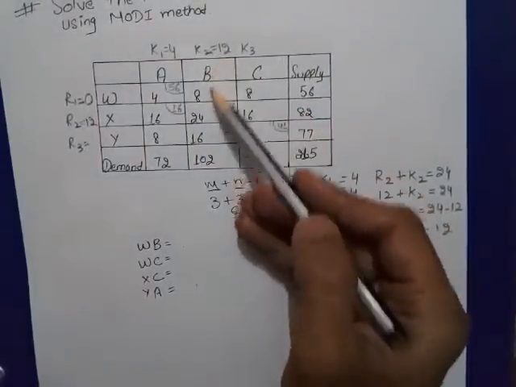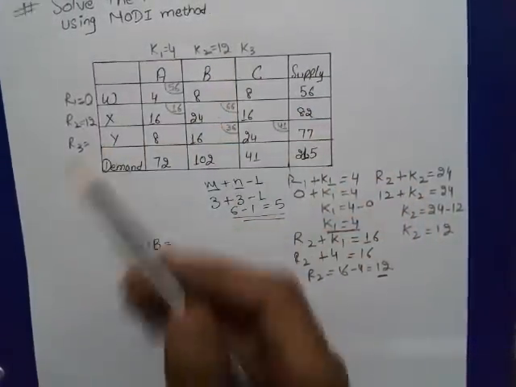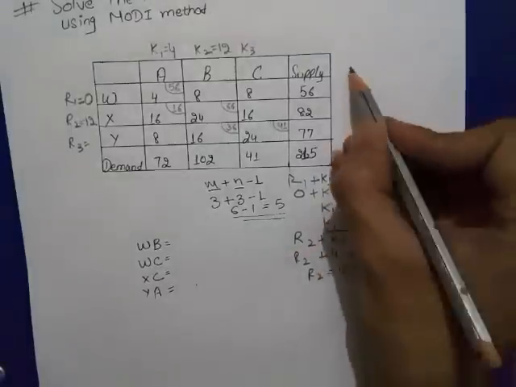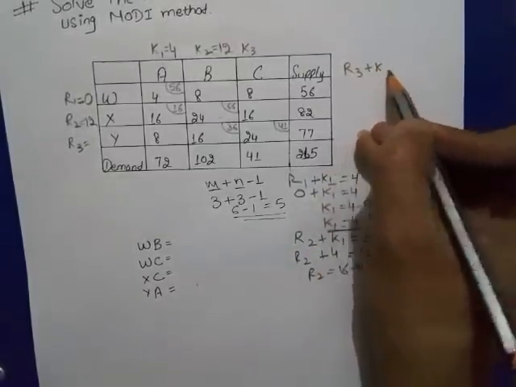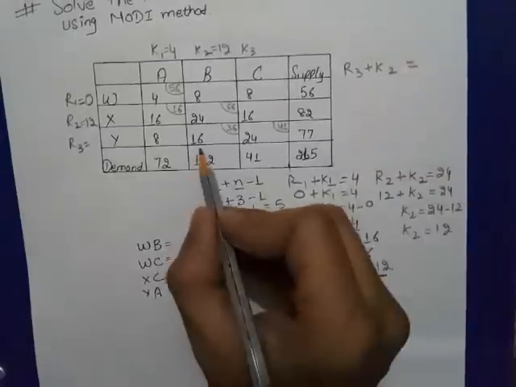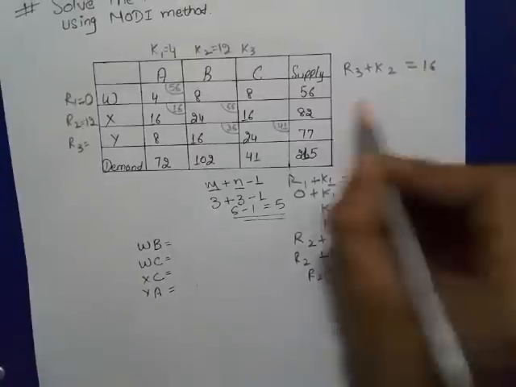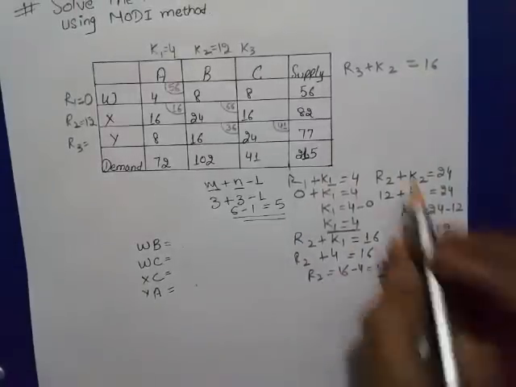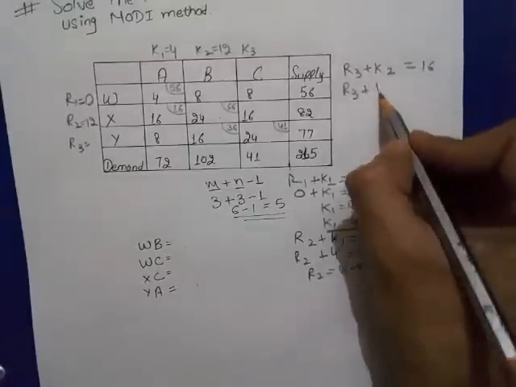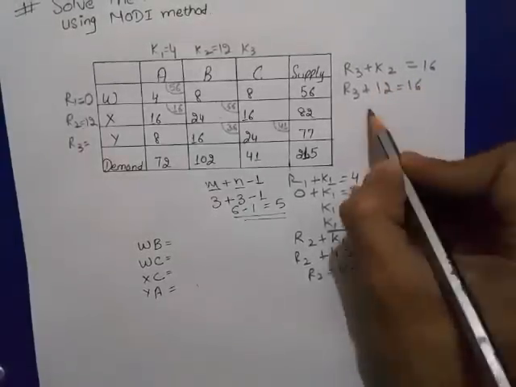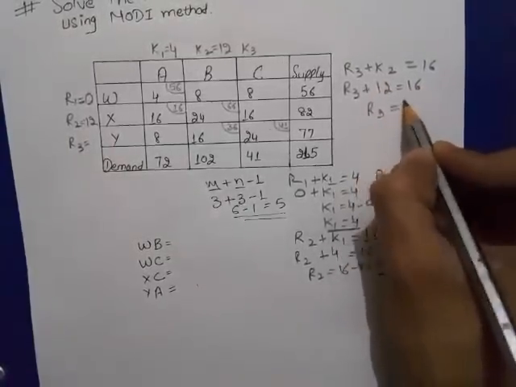Now with the help of K2 we can find R3. R3 plus K2 is equal to 16. R3 is unknown, K2 as we have calculated is 12, equal to 16. So R3 is equal to 4.